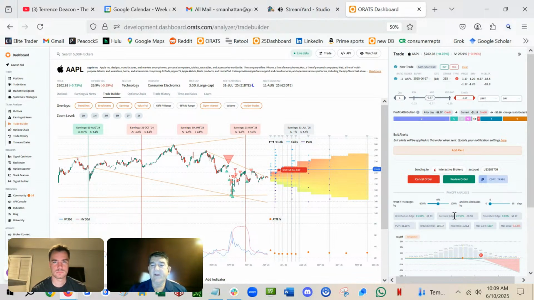So when you're selling, there's a large forecast edge there. You're selling at $1.17, and we only have it worth on our forecast of 90 cents. So that's definitely one thing you want to think about when you're trading.